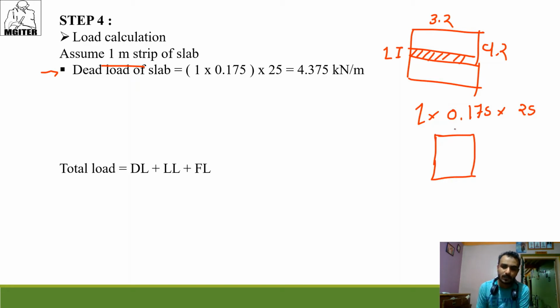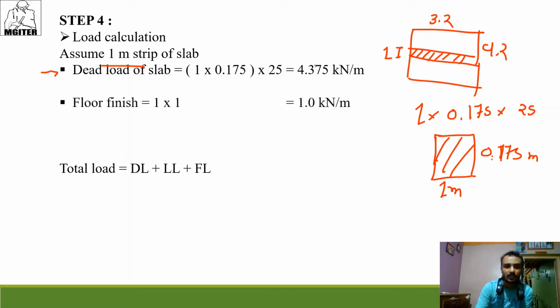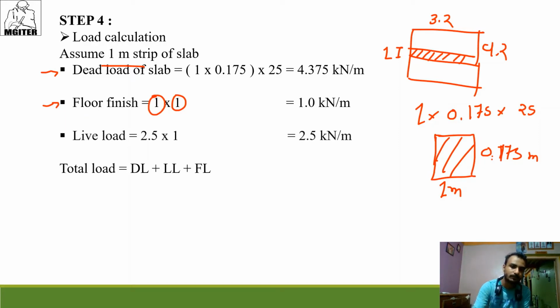Remember the beam. If you watch my earlier video, you can understand easily. If I assume 1 meter width of beam and 0.175 meter depth, then cross section area into density gives the dead load, 4.375 kilonewton per meter. Then the floor finish: we assume 1 kilonewton per meter as the floor finish load on the 1 meter strip, so the UDL is 1 kilonewton per meter.